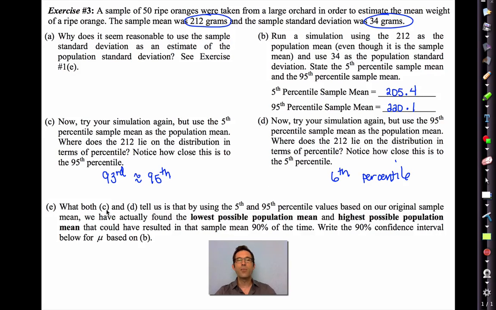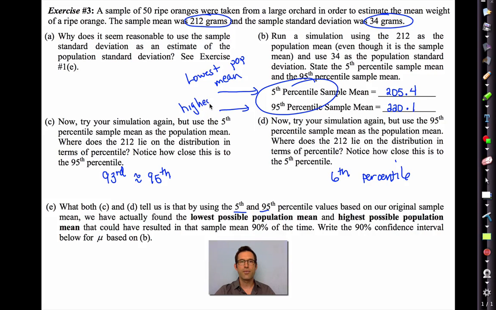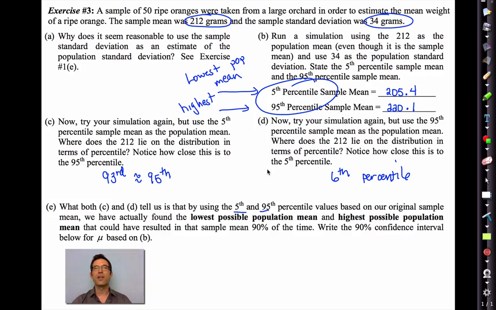The point is that what both C and D tell us is that by using the 5th and the 95th percentile, specifically these two values, based on our original sample, we've roughly found the lowest population mean, that's this one, the lowest population mean, and the highest population mean through simulation that could have resulted in our sample mean 90% of the time.